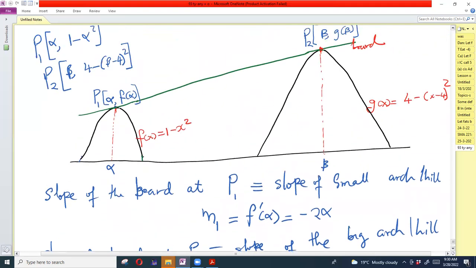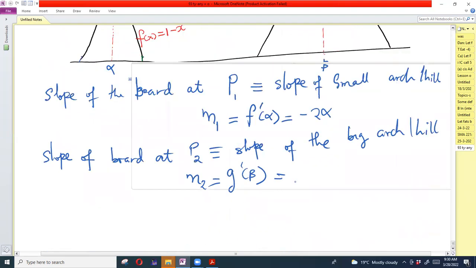Expanding the function, we have 4 minus x squared minus 8x plus 16, so 4 minus x squared plus 8x minus 16. When you differentiate, you get minus 2x plus 8, so minus 2 beta plus 8, so 8 minus 2 beta.